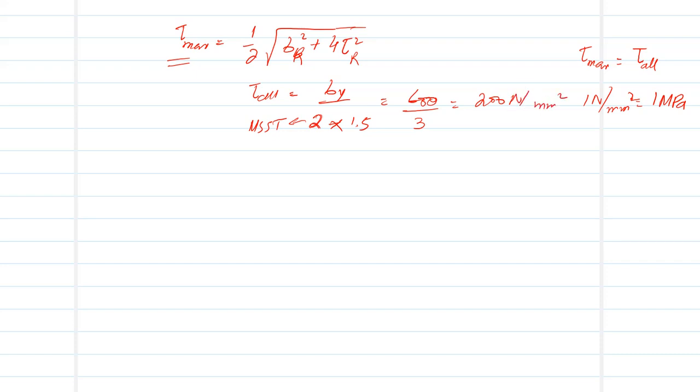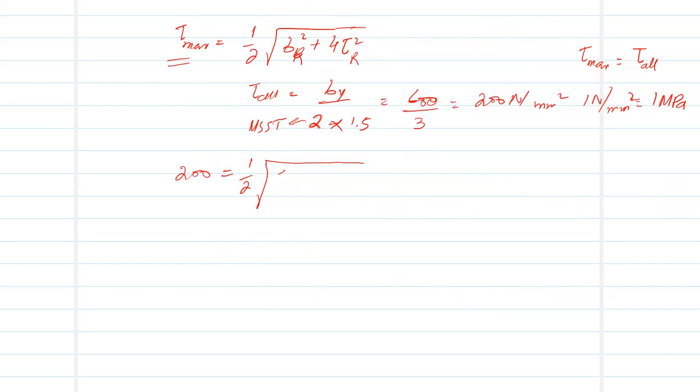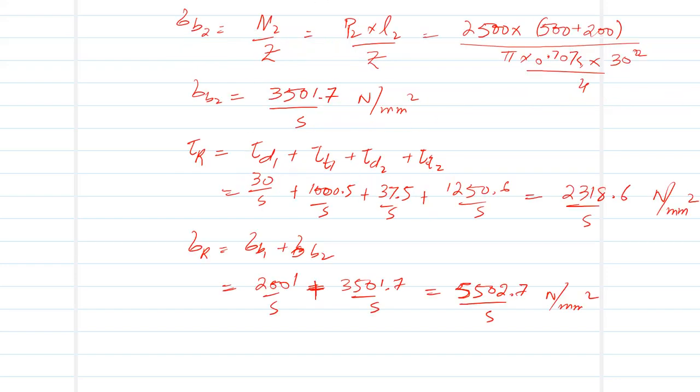If I put this value here, 200 equals 1 by 2 square root of sigma r, which is 5502.7 divided by S, squared, plus 3501 divided by S, squared.